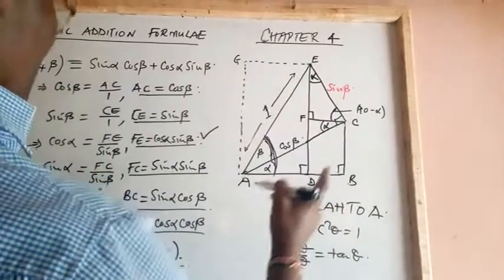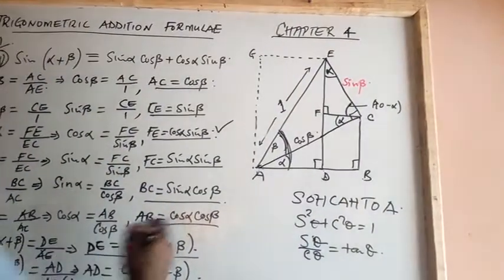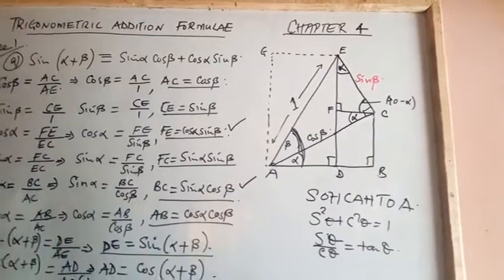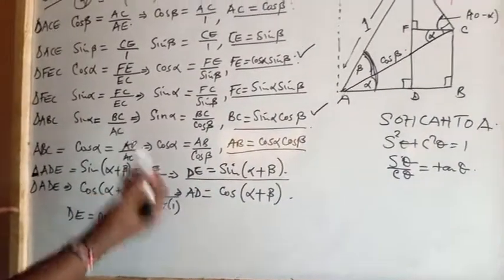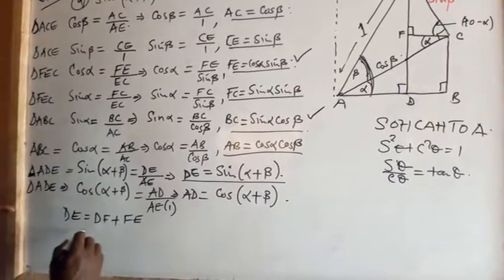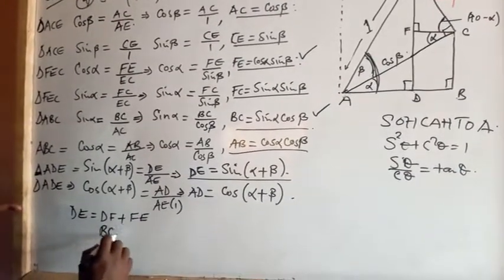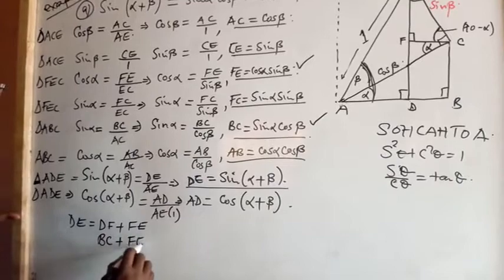Therefore, DE is equal to DF plus FE, meaning BC plus FE.